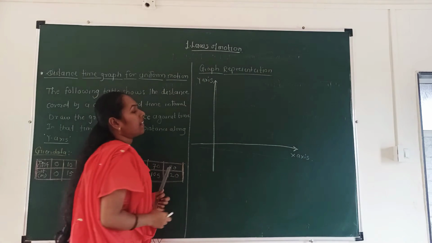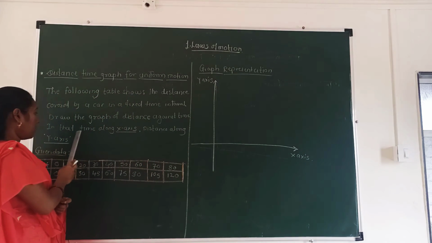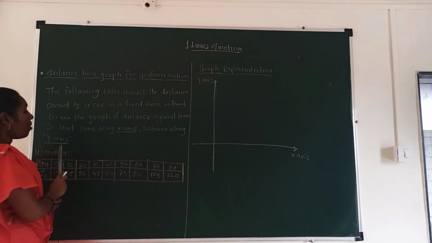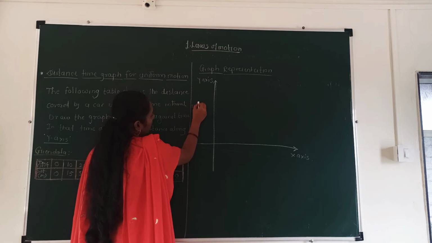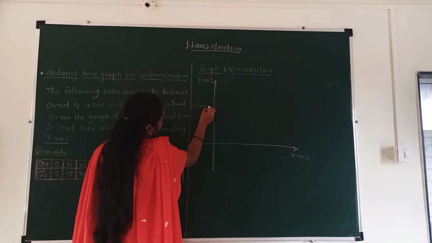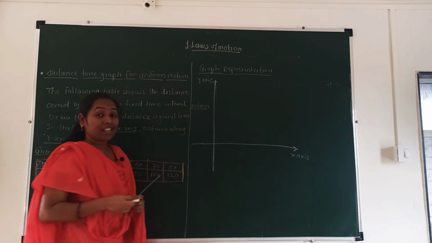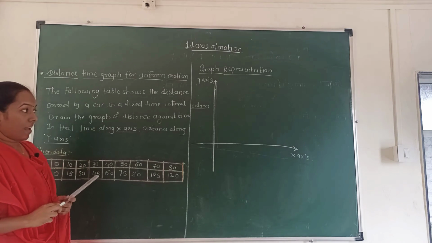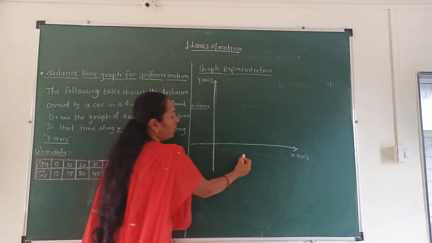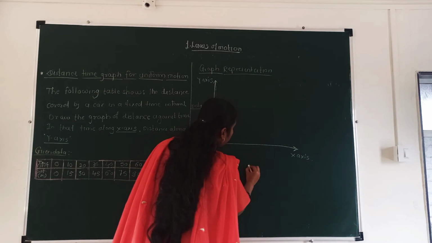Here is the y-axis. See, on the y-axis, distance. Here we draw distance along the y-axis and time along the x-axis, as the given data said.